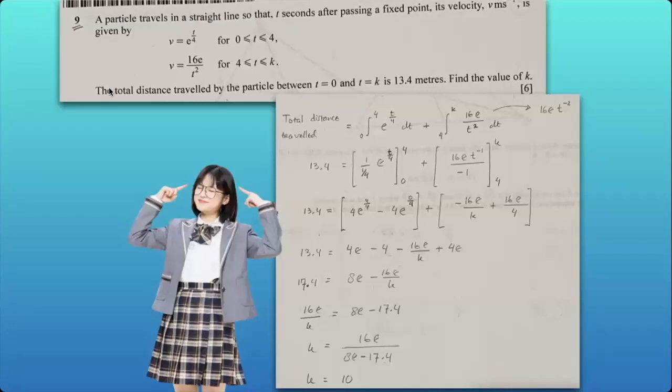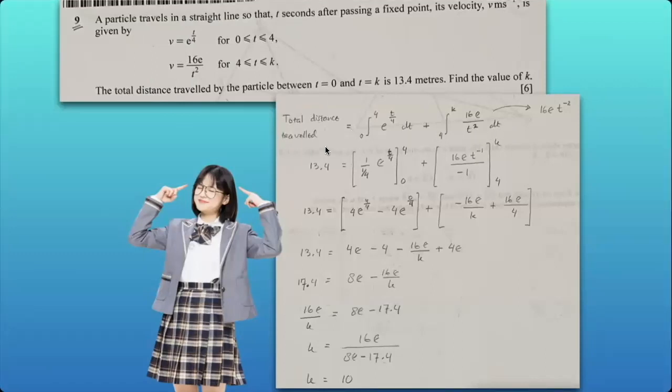Well, to find distance traveled, we integrate the velocity. So total distance traveled is equal to the integral from 0 to 4 of e to the power of t over 4 with respect to t, plus the integral from 4 to k of 16e over t squared with respect to t.